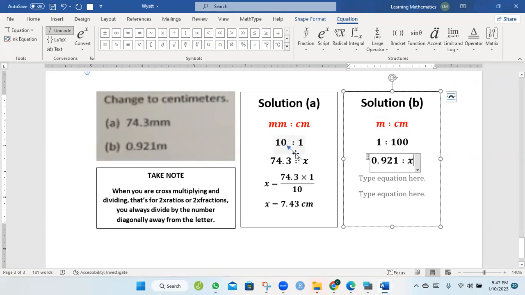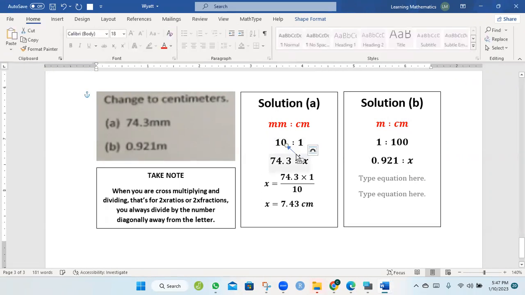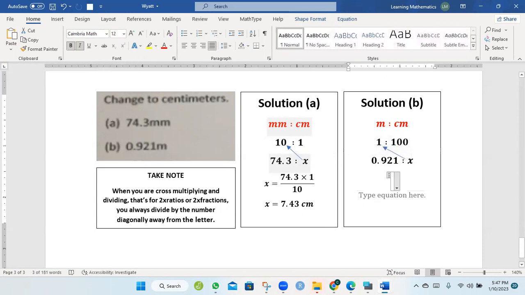And we have to divide by the number that is diagonally away from the letter. So we must divide by 1. Cross multiply and divide. So X is equal to, and we put our division, and we have to divide by 1.